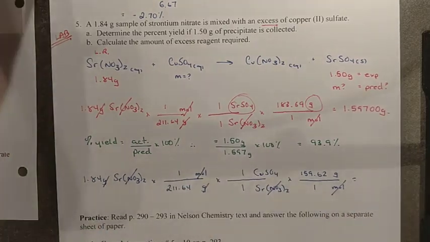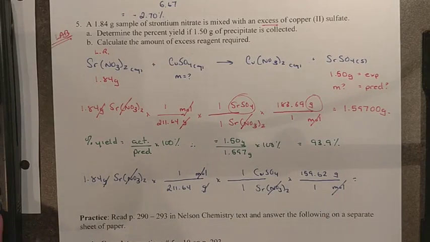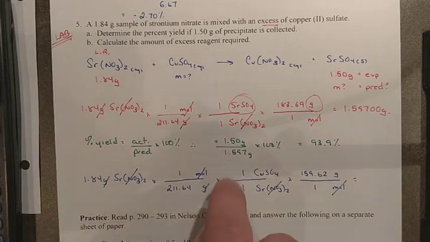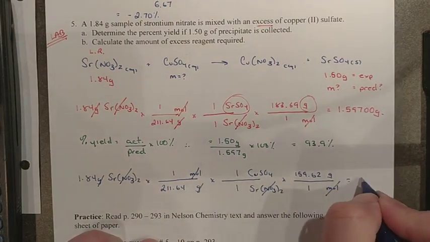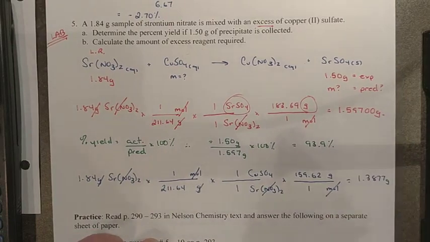And so we can figure out how much we should use as a minimum here by doing this. So 1.84 divided by 211.64 like we did earlier, times 1 divided by 1, doesn't have to happen in the calculator, and then just multiply by 159.62. And it says you need at a minimum 1.3877 grams.